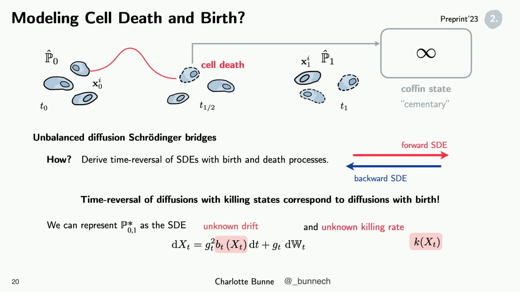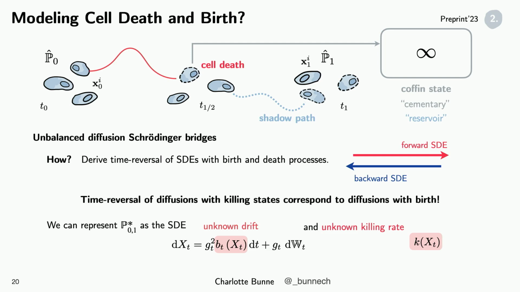I'm also able to model birth this way, because the core idea is that the time reversal of a diffusion with killing is a diffusion with birth. Meaning my coffin state, which used to be a cemetery, can be a reservoir to sample new cells that in the backward process followed a shallow path until they appeared in the system.